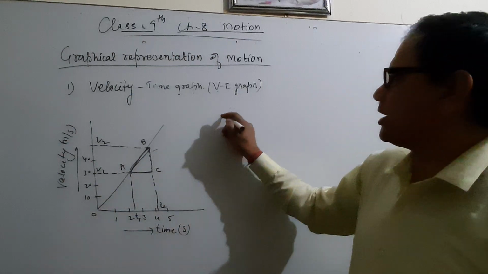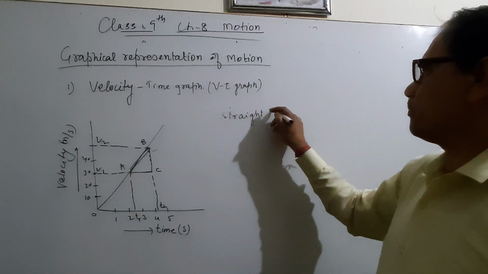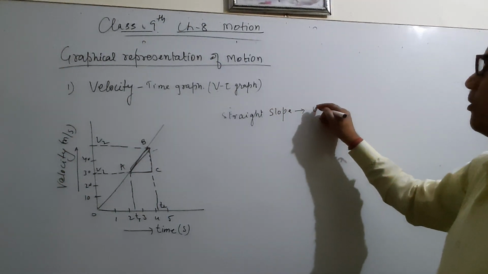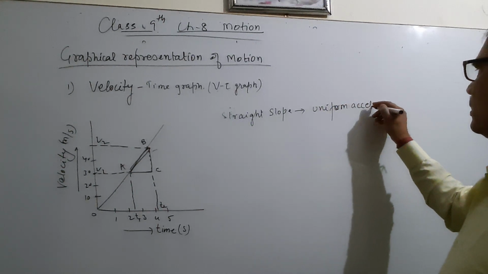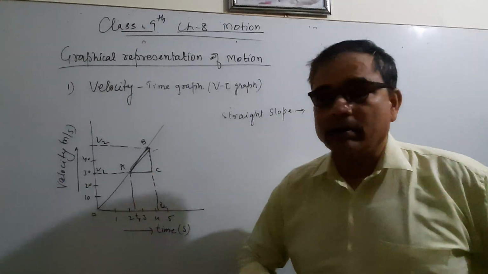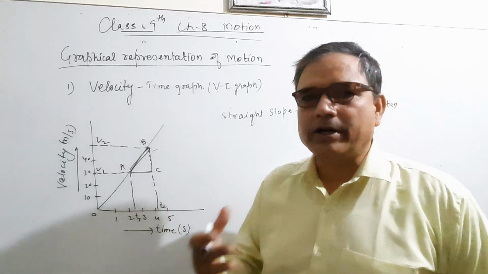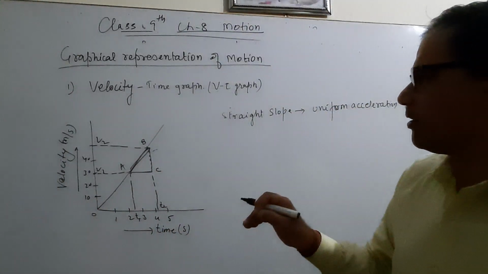If this graph is a straight slope, it represents uniform acceleration, which means the velocity will increase or decrease by equal amount in equal interval of time.